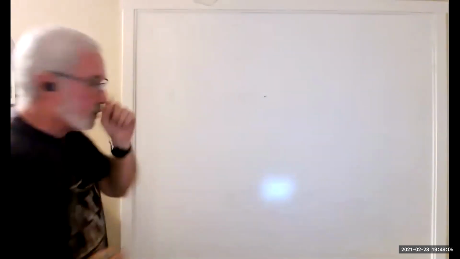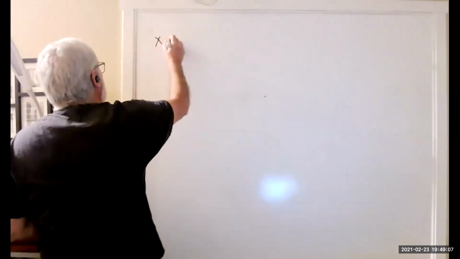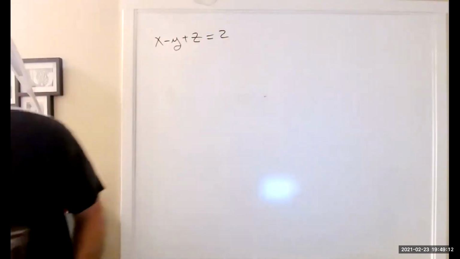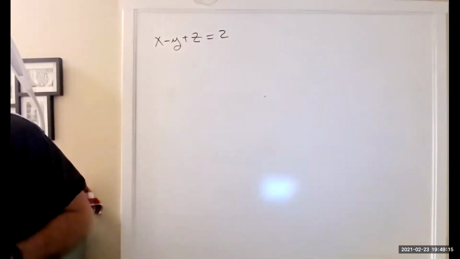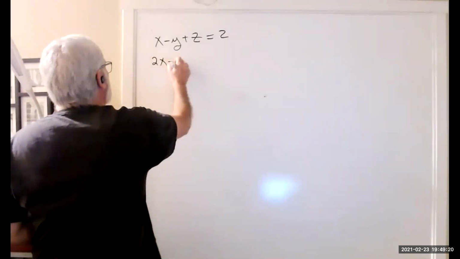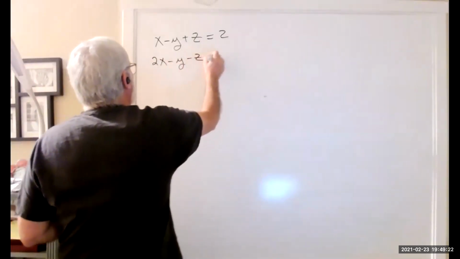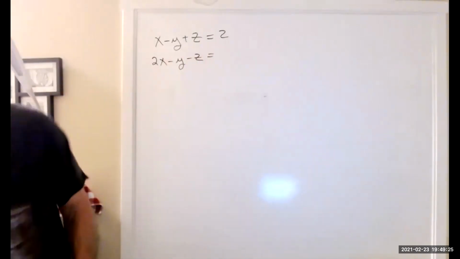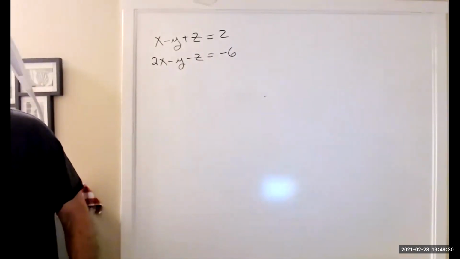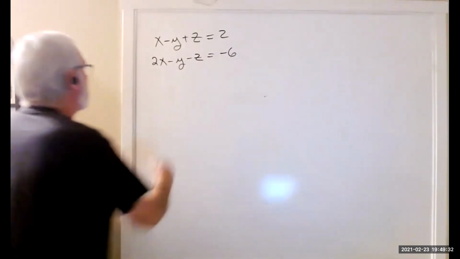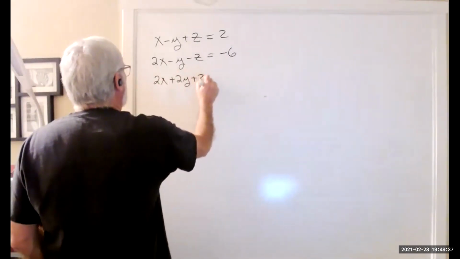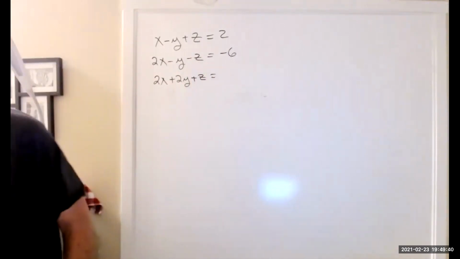So x minus y plus z equals 2. 2x minus y minus z equals -6. 2x plus 2y plus z equals -3.